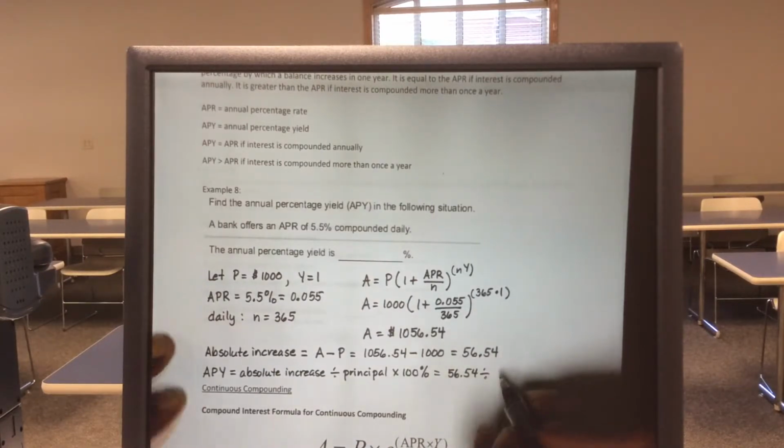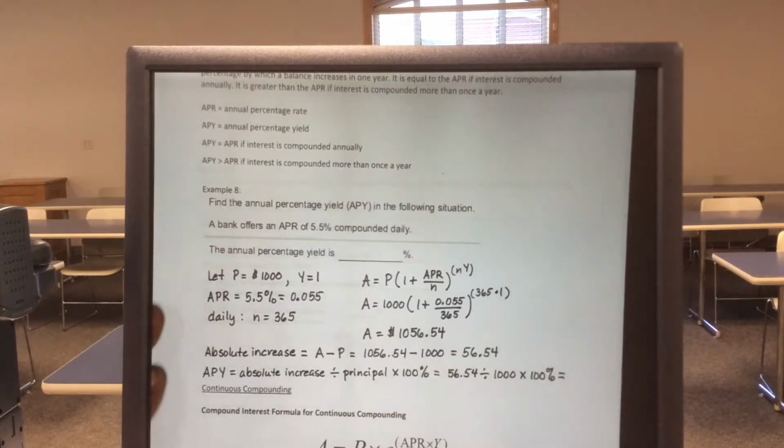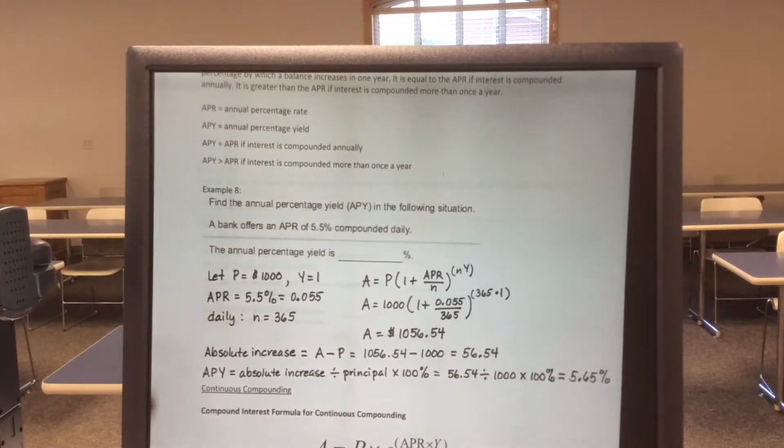Divide that by the principal, we'll let P be $1,000, and then multiply that by 100%. Now, if we type all of this in, to two decimal places, this will be 5.65%. So that will be your annual percentage yield for this.